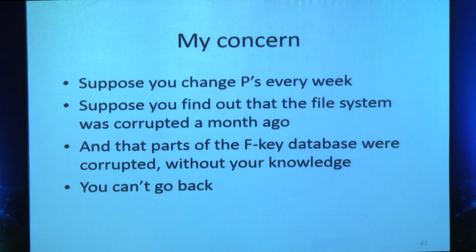Suppose you had some sort of bug in the file system that was gradually corrupting the keys in the F table of files that you really care about but you don't look at very often. It could take you months to notice this. And once you notice it, there's nothing you can do. The whole concept of assured delete is you can only go back like 3 days.